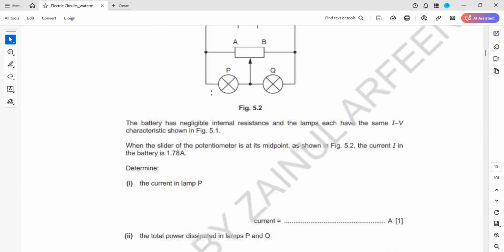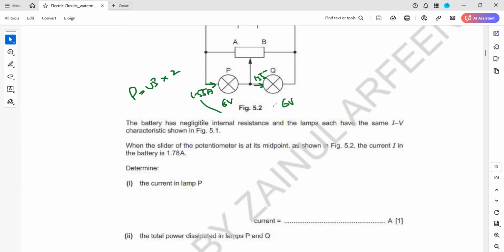But as we know the current and the voltage, the voltage was 6 volts here and the current is 1.55. Same thing here, the voltage is 6 and the current is also 1.55. So I'll find the power, P equals VI. They have the identical voltage, and then I'll simply multiply that by 2.